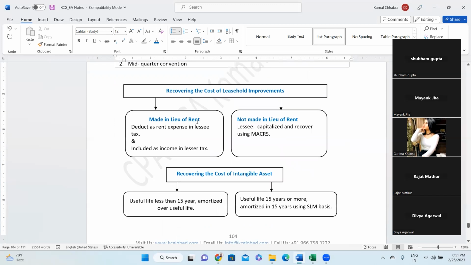Now coming to the next topic, recovering the cost of leasehold improvements. For example, you have taken a property on lease and you have made an infrastructural change. That is your leasehold improvement, right? If that infrastructural change is made in lieu of rent, that means it will reduce your rental expenses, then deduct that amount as a rent expense and include it as income of the lessor.